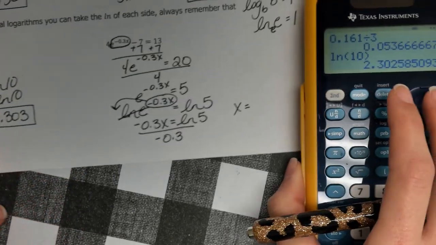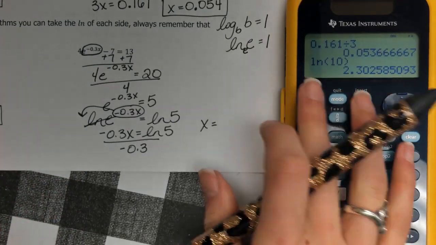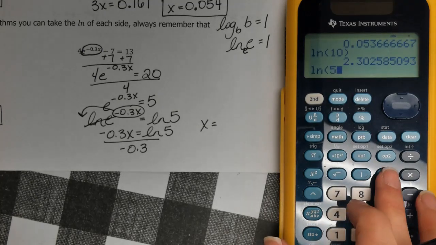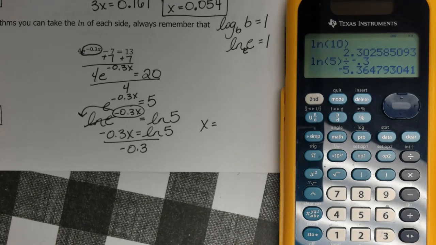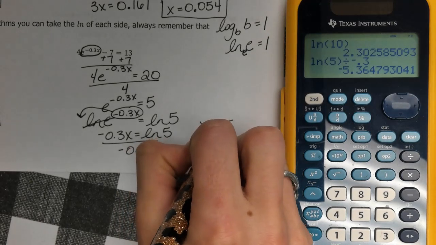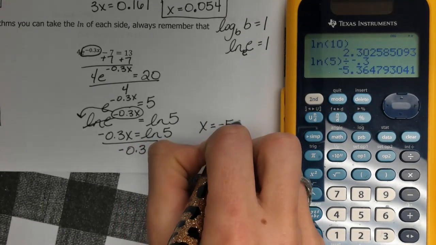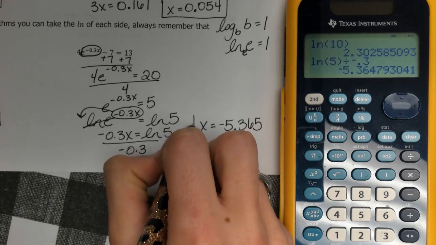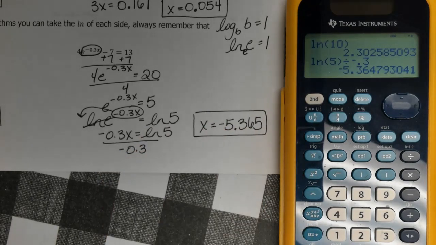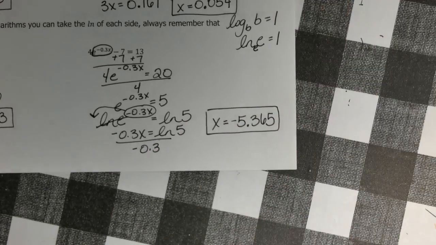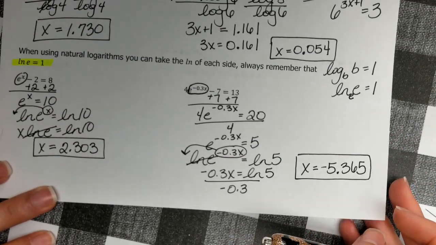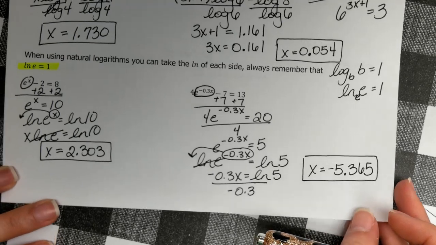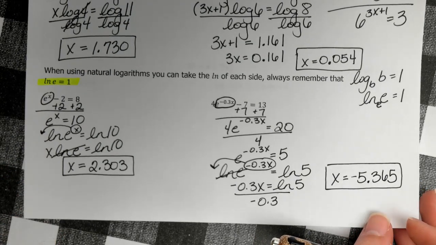So if you do that, you've got the natural log of 5 divided by negative 0.3. Negative 5.365. We good?